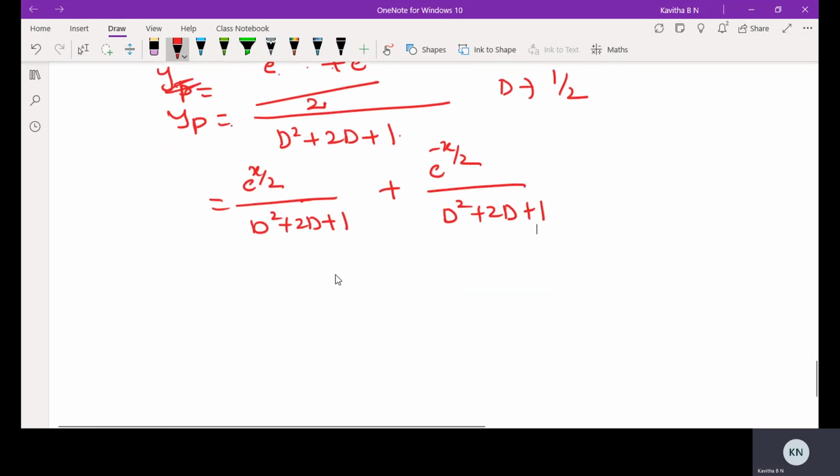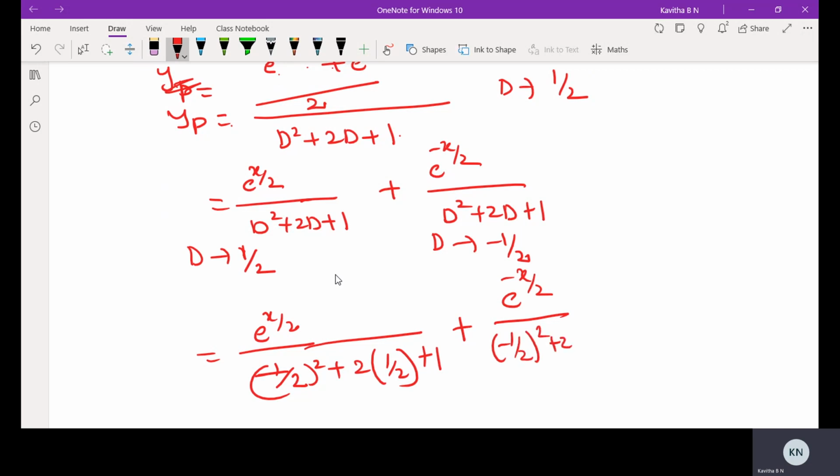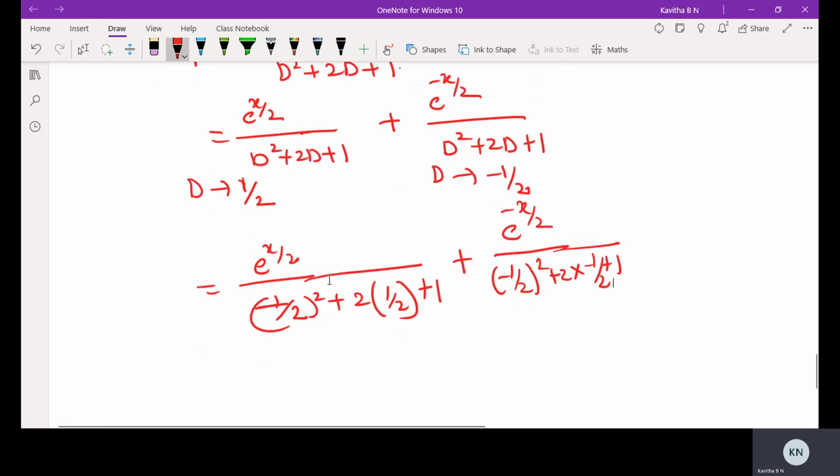Then in place of d substitute 1 by 2: e to the power of x by 2 over 1 by 2 whole square plus 2 into 1 by 2 plus 1, plus e to the power of minus x by 2 over minus 1 by 2 whole square plus 2 into minus 1 by 2 plus 1. Then simplify.